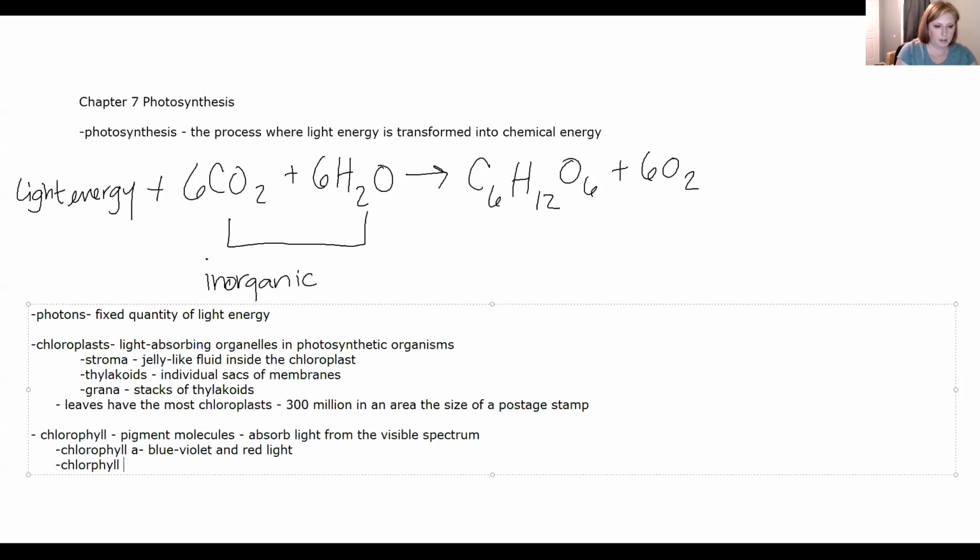Chlorophyll B, having issues typing today, this is going to absorb blue and orange. Something called carotenoids. Yes, like carrot. And that's actually because of the color that it's going to show. Carotenoids absorb blue-green light. Okay.